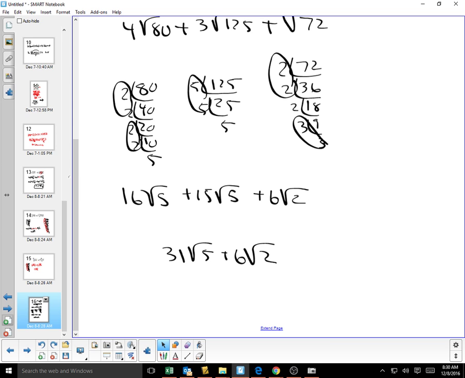Wait, wouldn't you have to add those two together? Can you? I don't think so, but I'm just checking. Okay. Are you sure this is right? That's the beauty of the math.